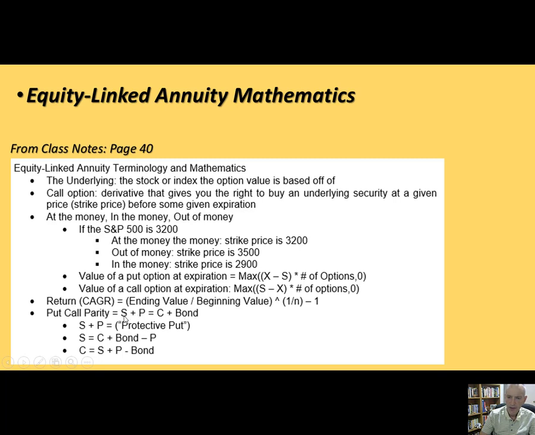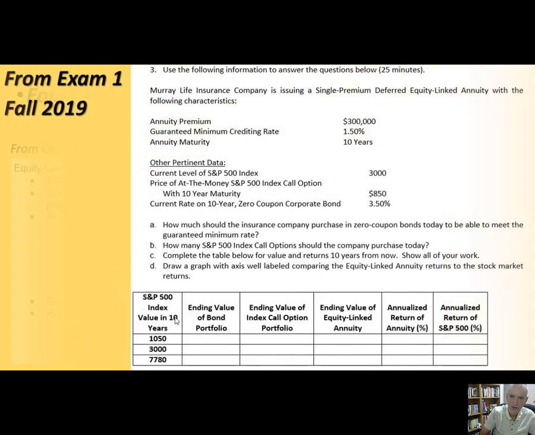We could have created the equity-linked annuity using a stock plus a put, but remember when I showed you the graph for the call option, it was below the line. We want to manufacture this, buy enough of this bond so that we get a minimum loss. We don't lose more money than what we're guaranteed here, 1.5%.